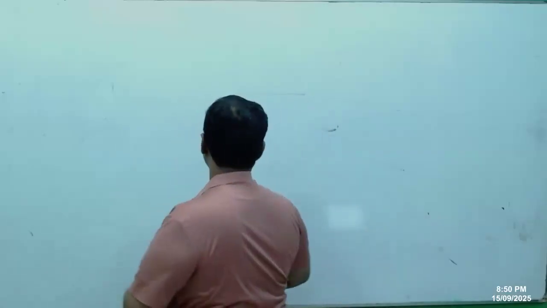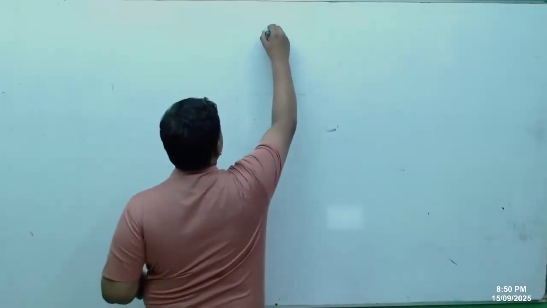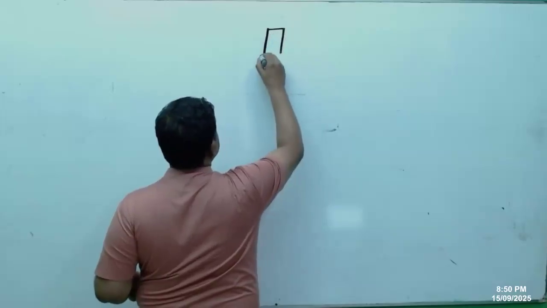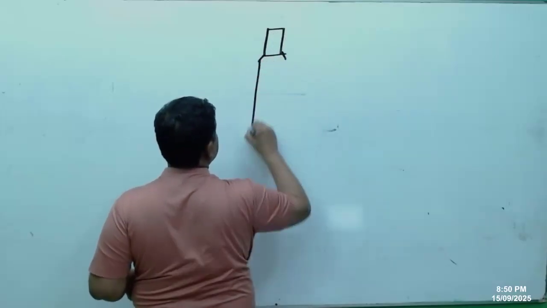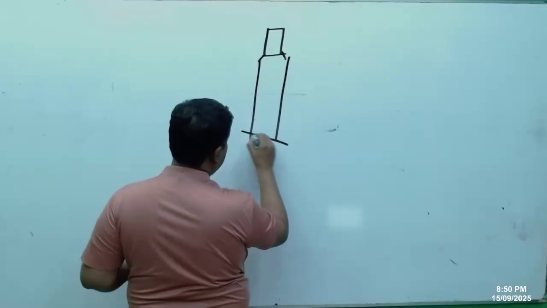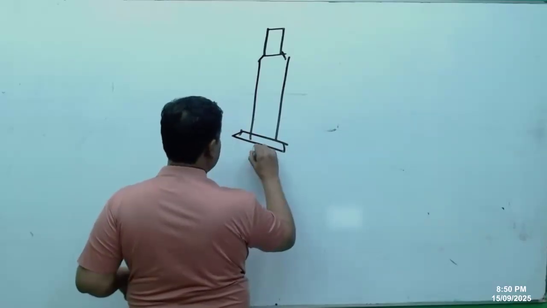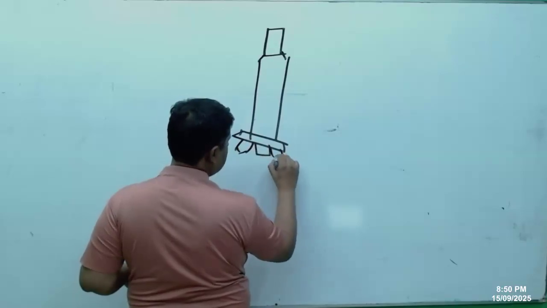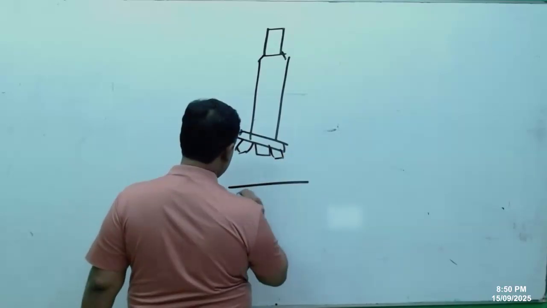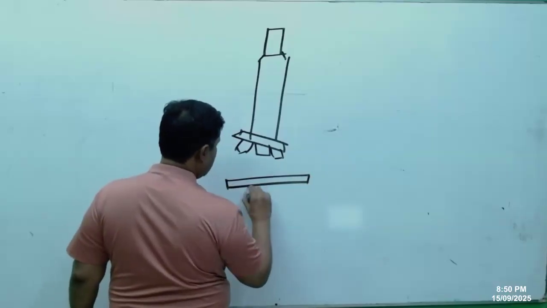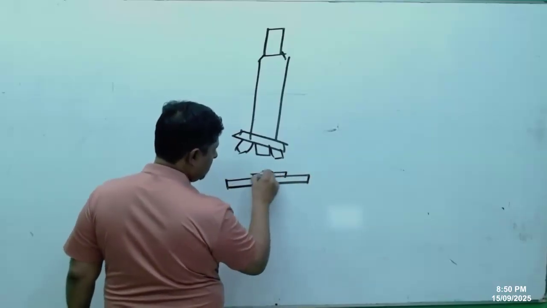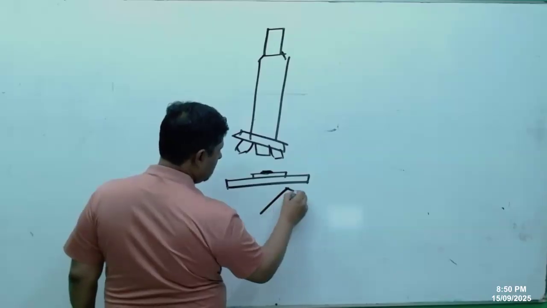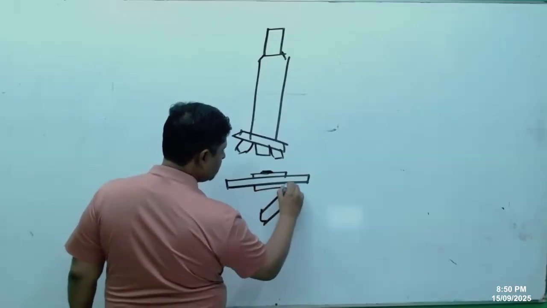You know the light microscope arrangement. The upper lens is the eyepiece lens. Then the objective lenses are fitted here. Here you have the stage, and on the stage you keep the specimen. Beneath the stage there is a lens present.